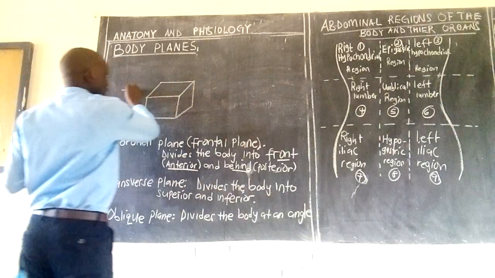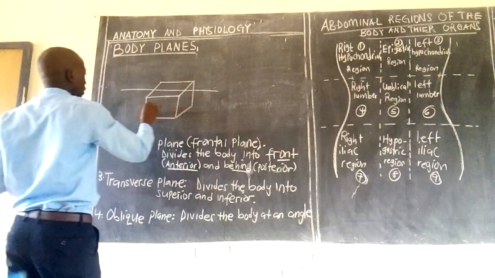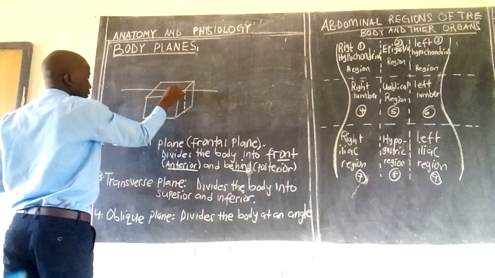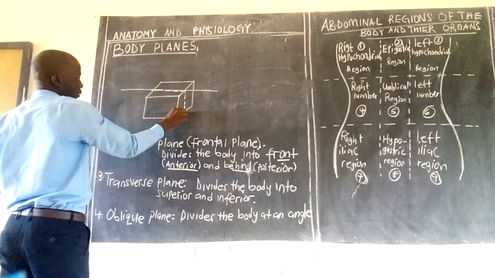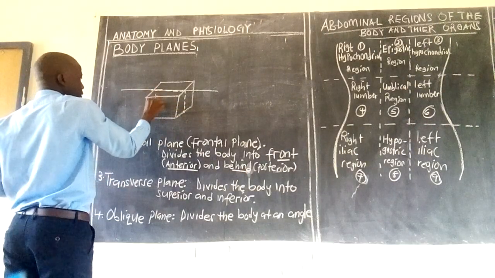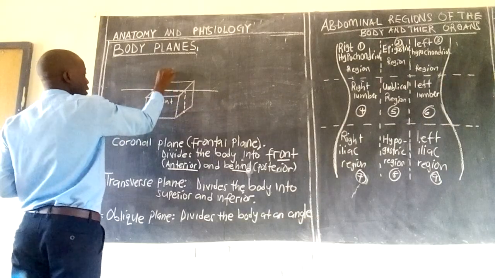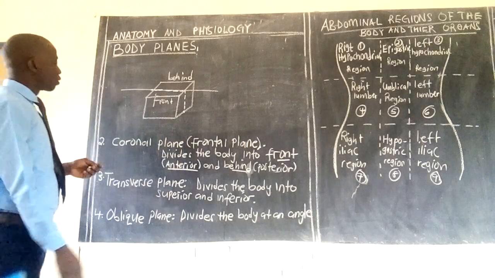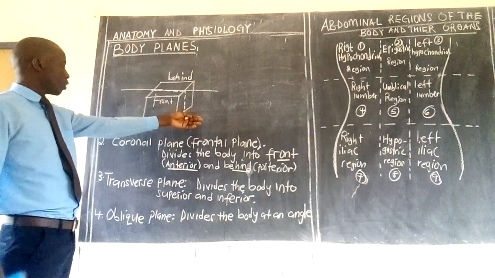If I make a line of dissection that is going to cut it, I have the front and the behind, which is the posterior. So that is the coronal plane.